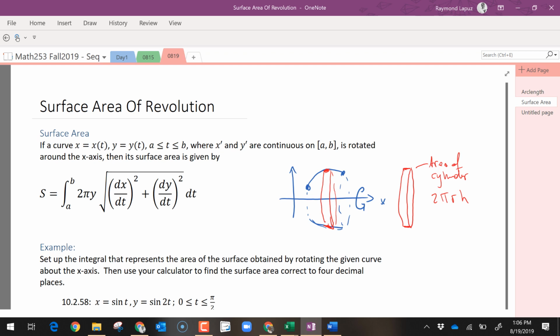You're not considering the top and the bottom. So the side of the cylinder is 2 pi r h, and the radius looks like it's going to be some y value. So that will end up being your radius. And then the height here, well, the height is going to be the length that we're looking for.